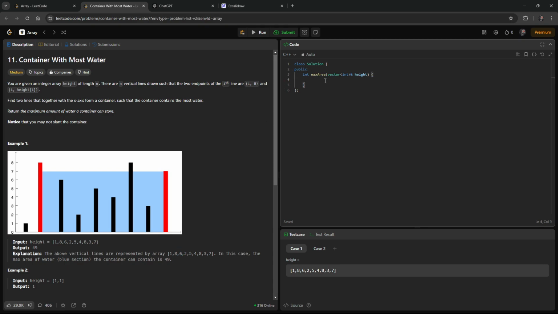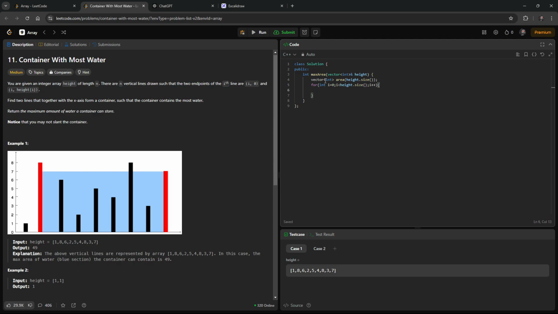So I need to create a new array where I store the area, whose size should be the same as the size of height, and I need a loop: i less than the size, i plus plus.